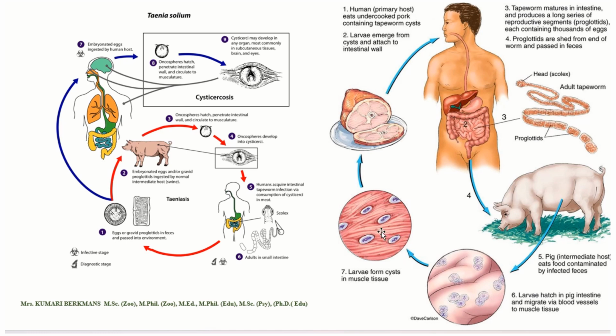This larva forms a cyst in the muscle, and this muscle of the pig, that is pork, is taken up by the human being. If the pork is not cooked well, the cyst is resistant to the temperature, so it goes into the human intestine and there it develops as a tapeworm. So this is the life cycle.